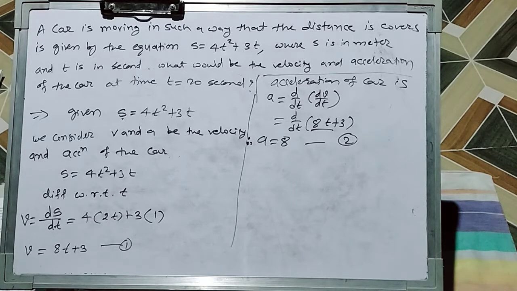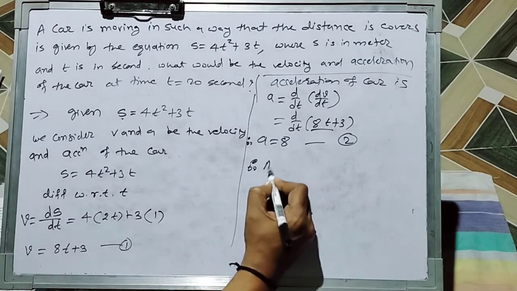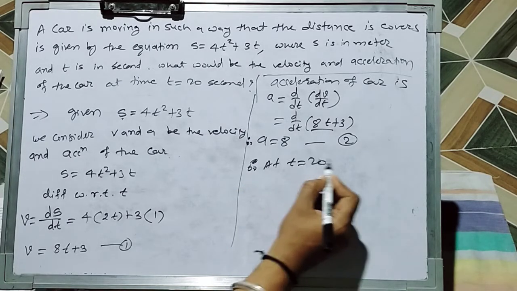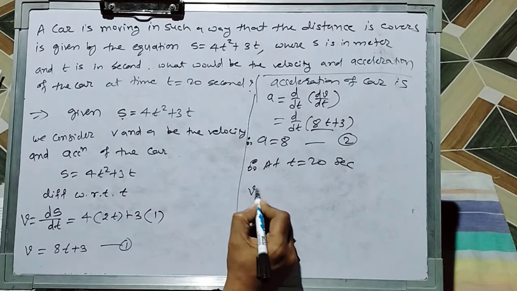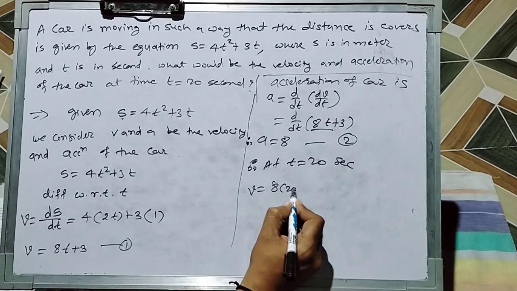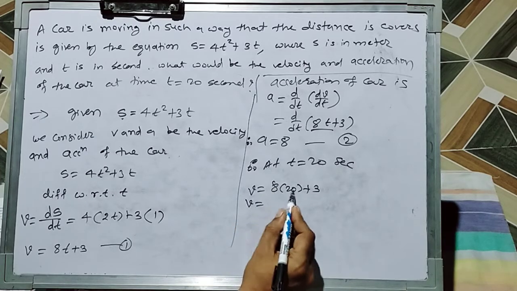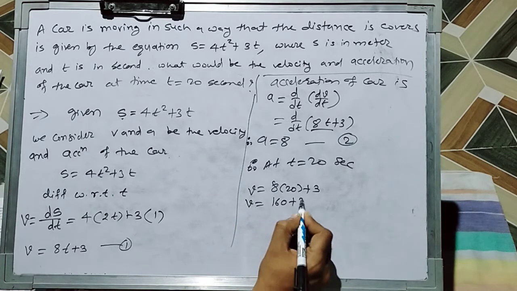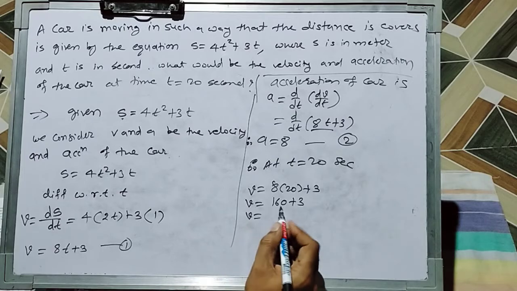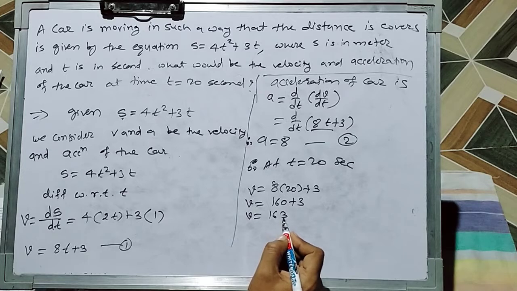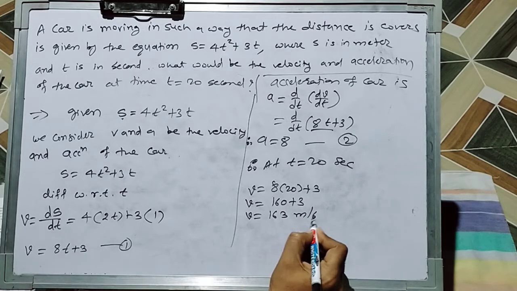Now here we have to find velocity and the acceleration of the car at time t equals 20 seconds. So therefore at t equals 20 seconds, velocity equals 8 into 20 plus 3. So 160 plus 3. So velocity equals 163, and here the unit is meter per second.